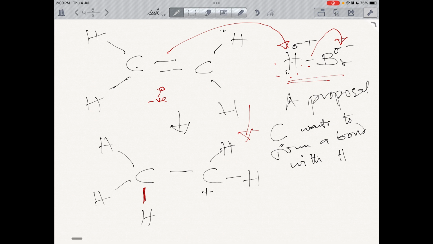Since it has lost one, we put a positive sign on it. Whenever you have this kind of structure, you call it a carbocation.